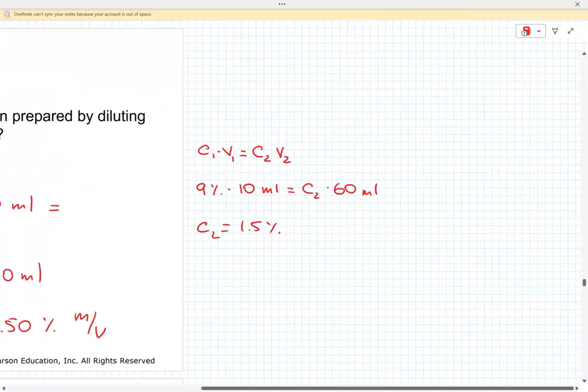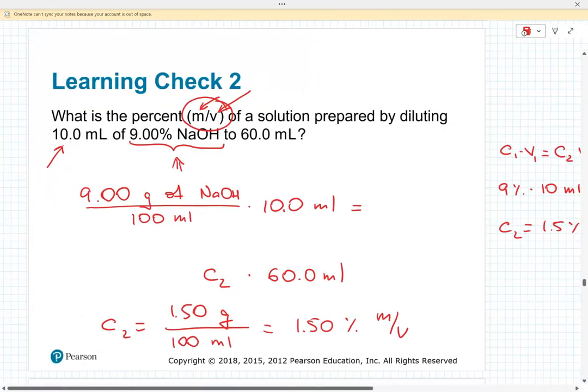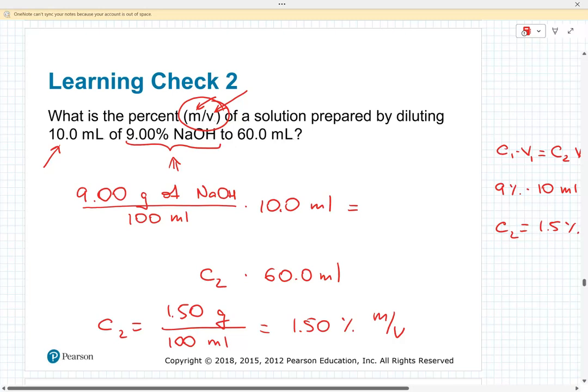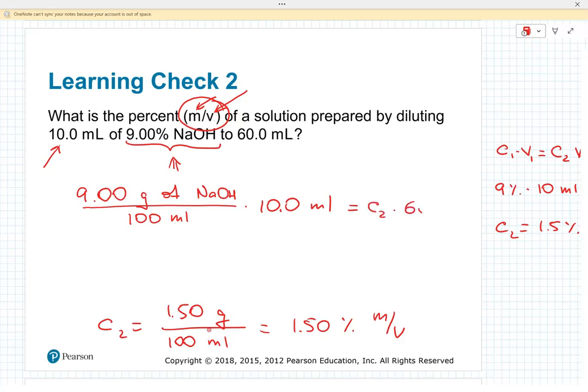So, yes. For the first way you went through it, what did you do? So the first step you do is 9 divided by 100 times 10, and then what are you doing in the second step with the 60 milliliters? I can divide both sides of this equality by 60. Oh, all right. So you're just dividing that.